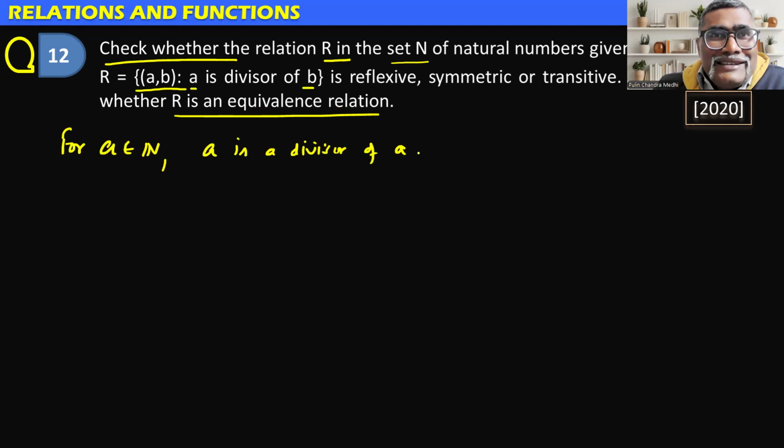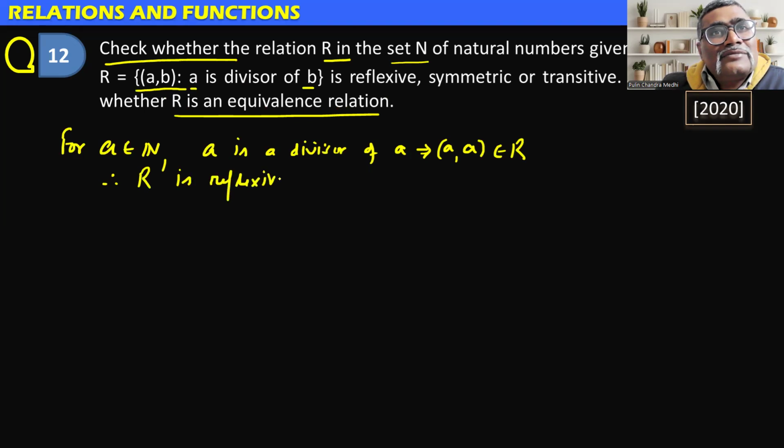Yes, it is possible. A is a divisor of itself. If this is happening, I can say (A, A) belongs to R. So what is my conclusion? R is reflexive.